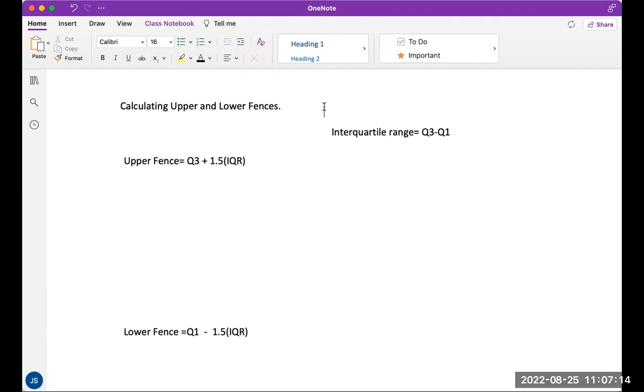So I find my Q1 is 18.15. And then my Q3 is 40.15.